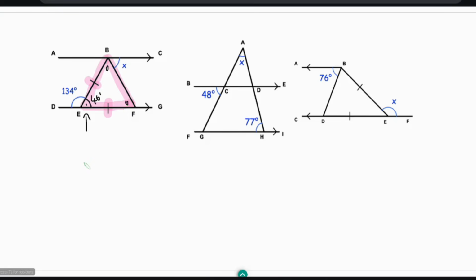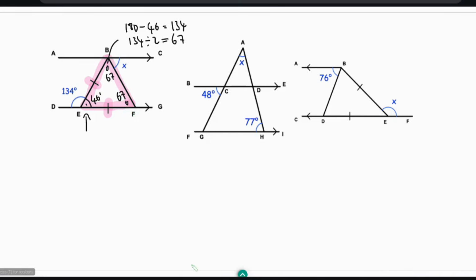So let's do 180, take off 46 and divide by 2. So 180 take away 46 is 134, divide by 2 is 67. So these 2 angles here are 67.